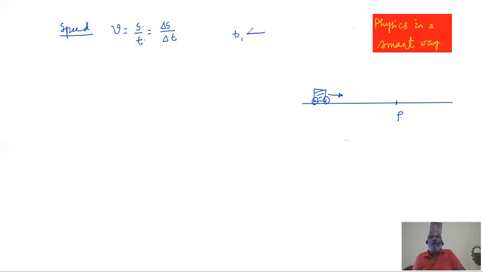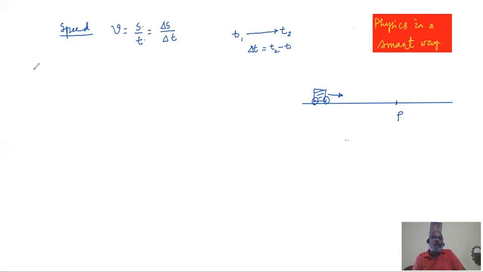And when the time interval ends, we note the time, that is t2. So now you know delta t, the time interval of our motion, will be t2 minus t1. Writing s by t was your school level way, but writing delta s by delta t gives us more freedom. Otherwise, there is no such great difference.